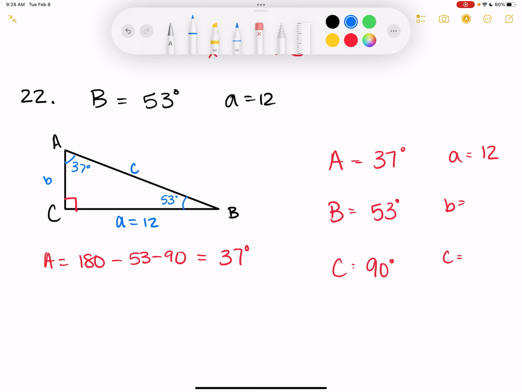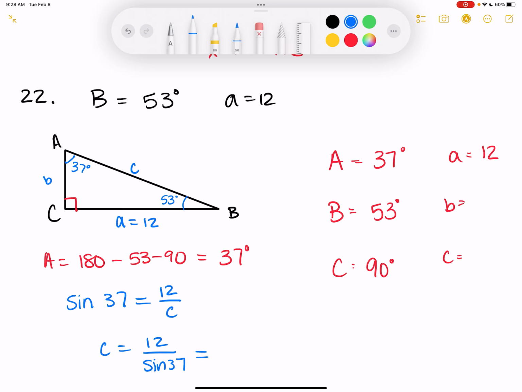So the sine of 37 equals 12 over C. I need to solve for C, the hypotenuse. So all I'm going to do is swap the C and the sine of 37. So C is equal to 12 over the sine of 37.